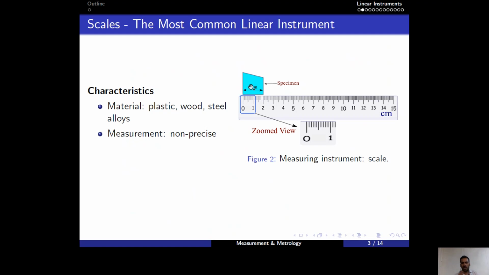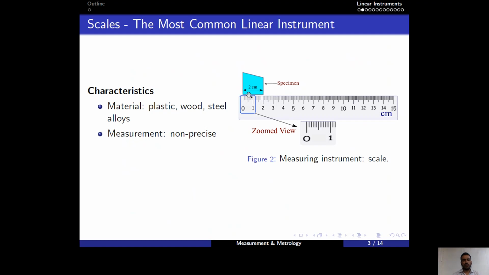If I go into the market and look at what kinds of material these scales are available in, they are available as plastic or wood, or sometimes people use steel alloy metallic scales. If I want to measure a dimension, the minimum I can measure using this measuring instrument is 1 mm.